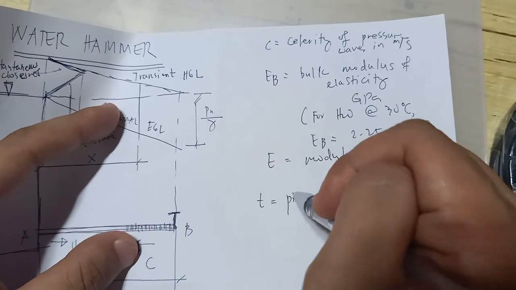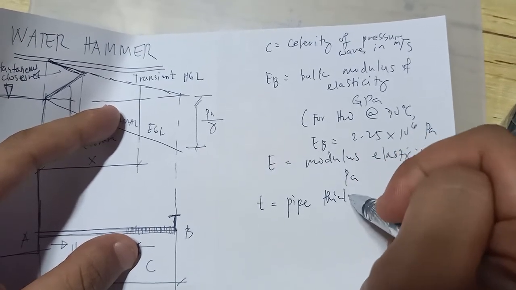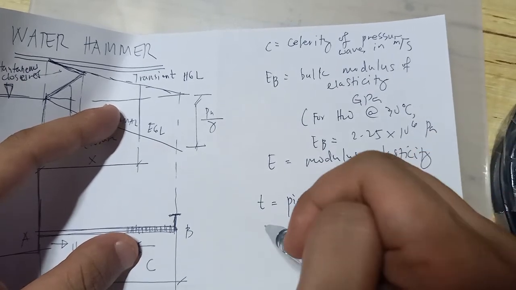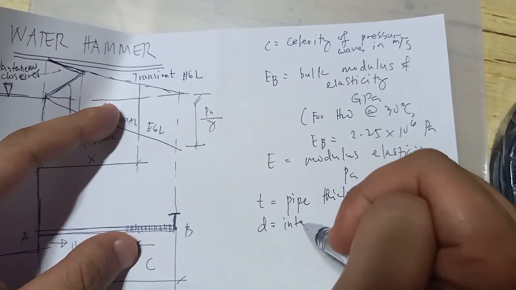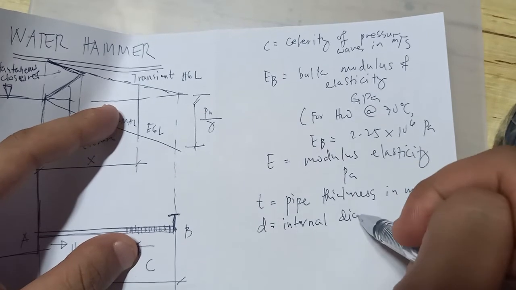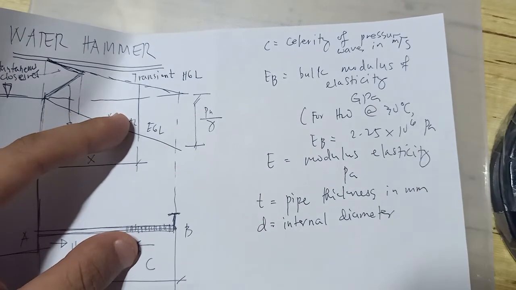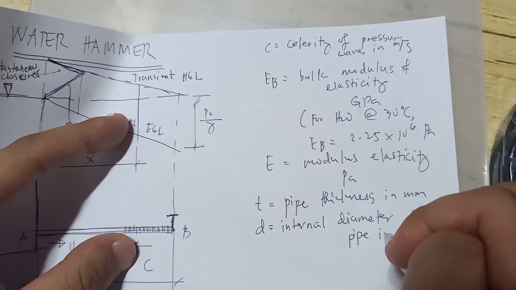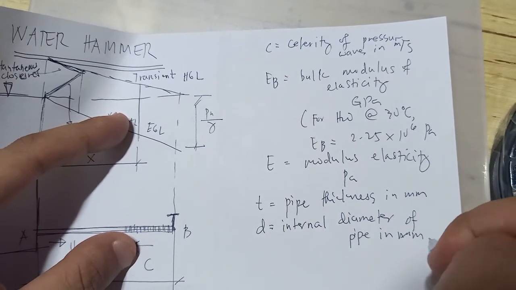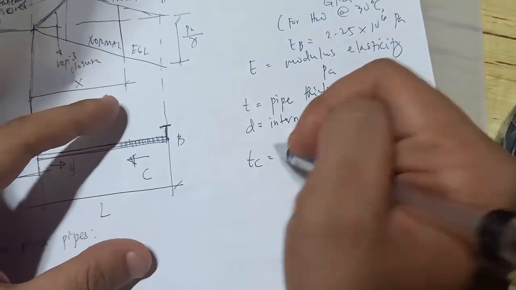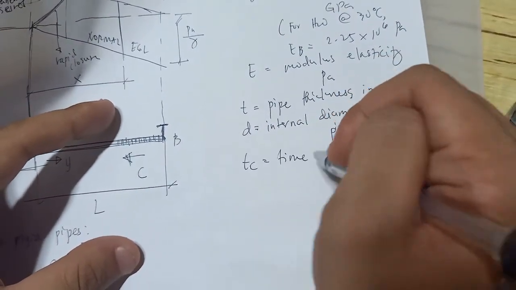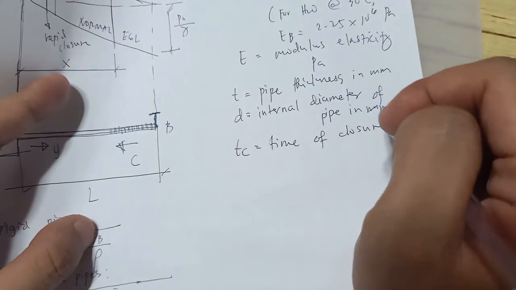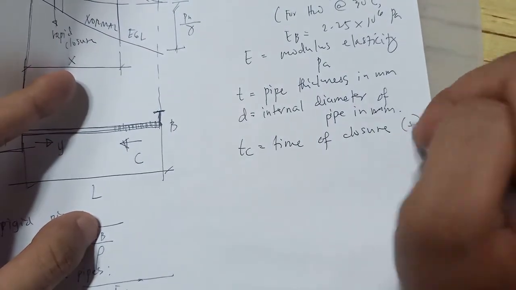T is the pipe thickness in mm. D is the internal diameter of the pipe in mm. T sub C is the time of closure in seconds.